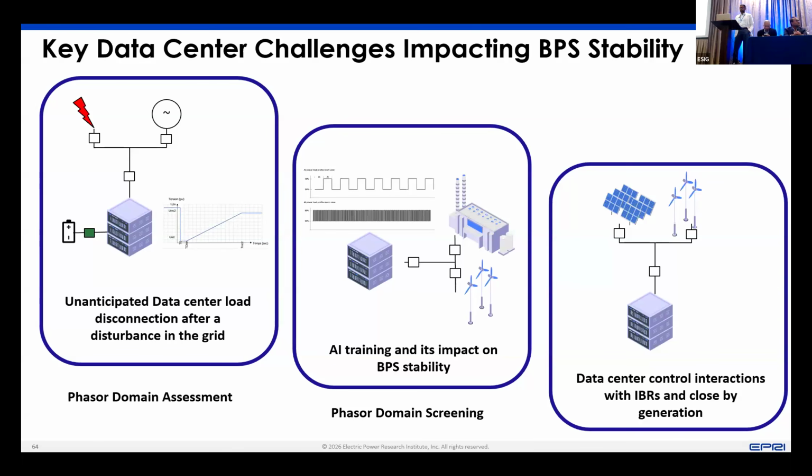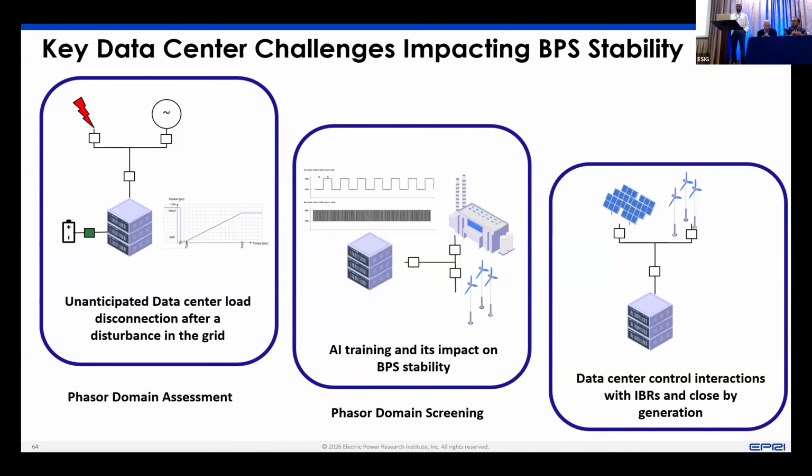So unanticipated data center disconnections are kind of a big thing. We also have to start thinking about what are the domains, the tools that are most suitable to study some of these things. That gives us an idea of which type of models we want to use, which software we want to fire up if I want to study something like this.